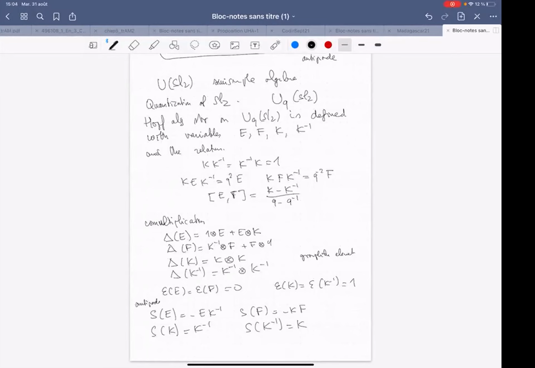Positive characteristics are more complicated. Simple algebras in positive characteristics are also different. There are also Melikian algebras and so on.